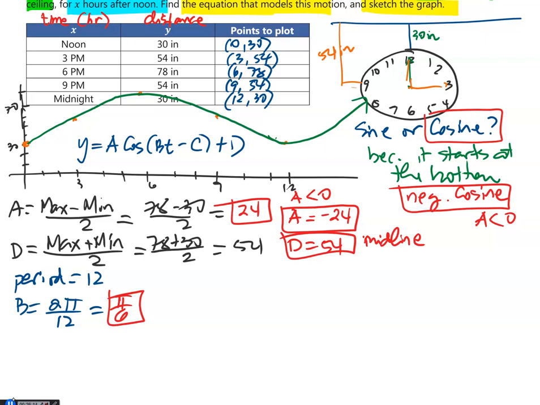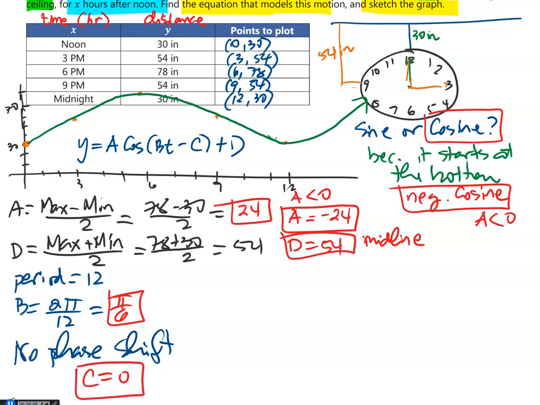And based on our graph, there is no phase shift, so that means c is equal to 0.